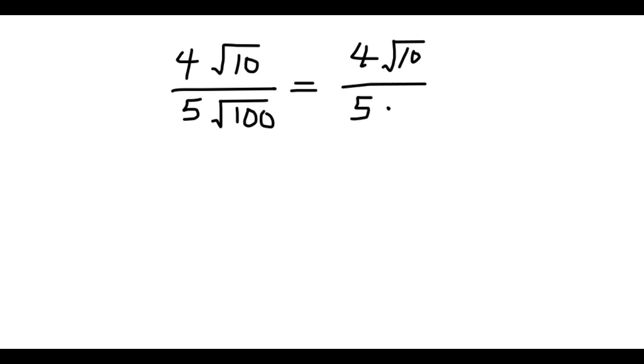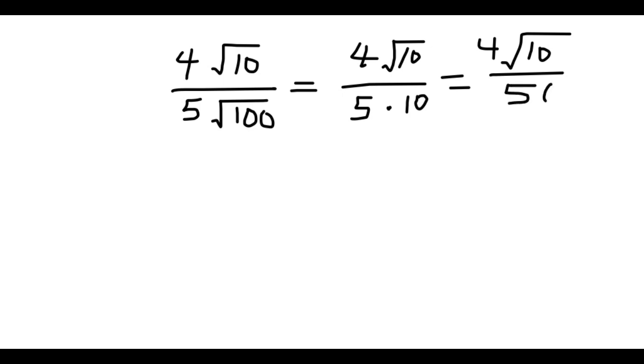The square root of 100 gives us 10, and this gives us 4 square root of 10 over 50. 5 times 10 equals 50.